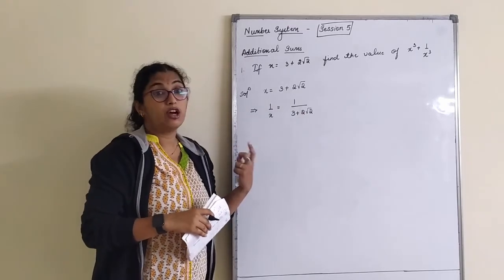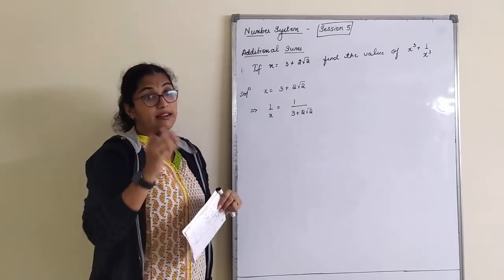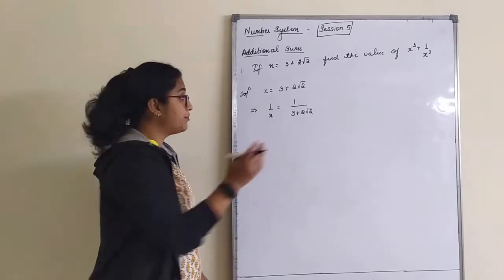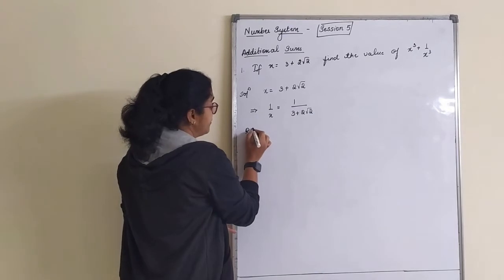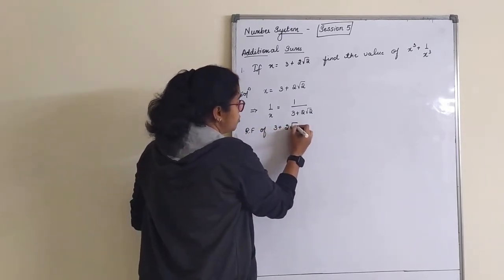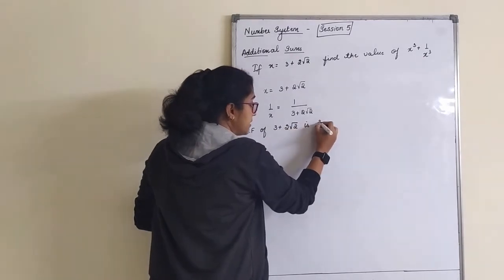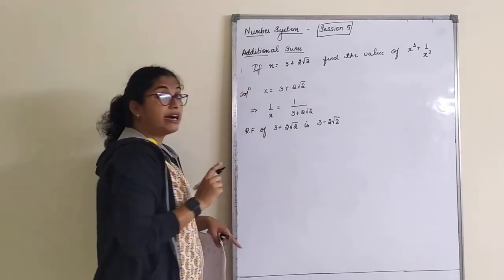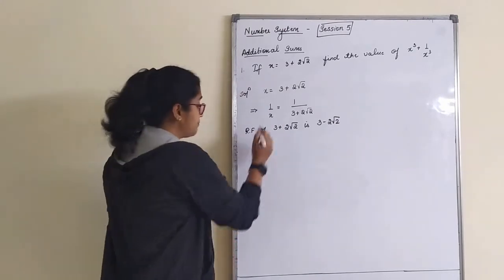That means the denominator is not a rational number. We need to rationalize it to bring it into a proper form. RF of 3 plus 2 root 2 is 3 minus 2 root 2. As I have told you, writing RF is very important.